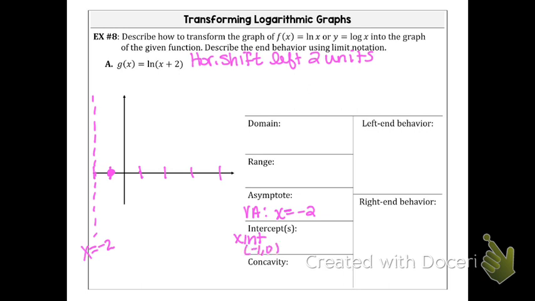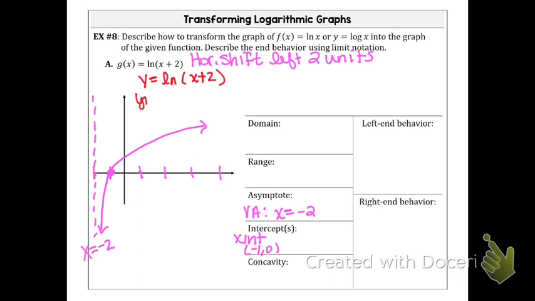Now if I just draw that in using those points, I can see that I also have a y-intercept I'm going to have to go find. So I'm going to go ahead and do that since I'm working on intercepts. For the y-intercept, remember that's where our x is going to be 0. So here's our equation, y equals the natural log of x plus 2.